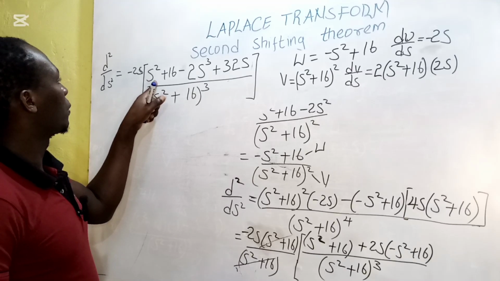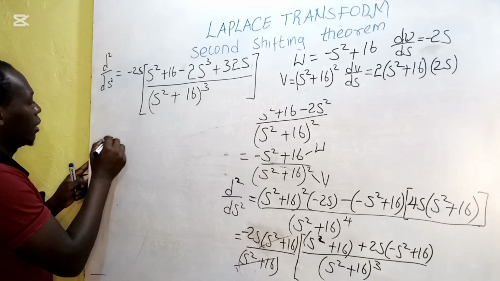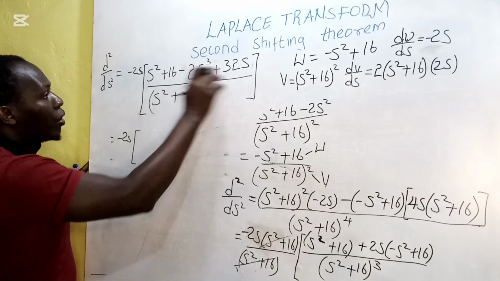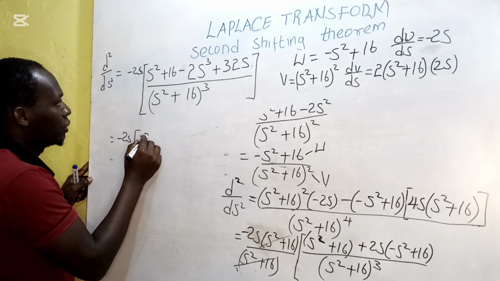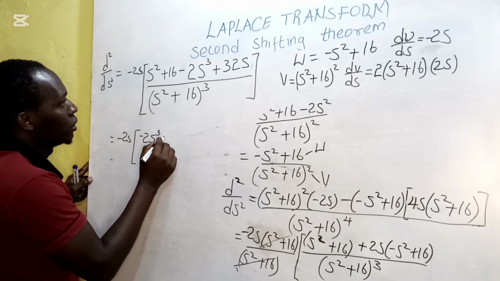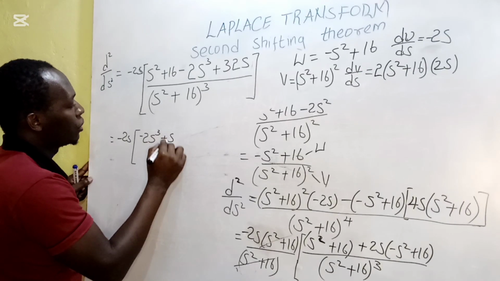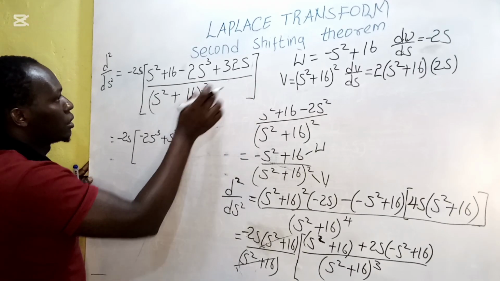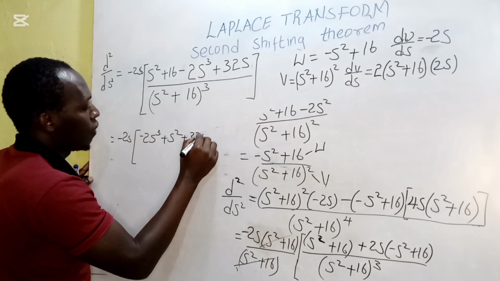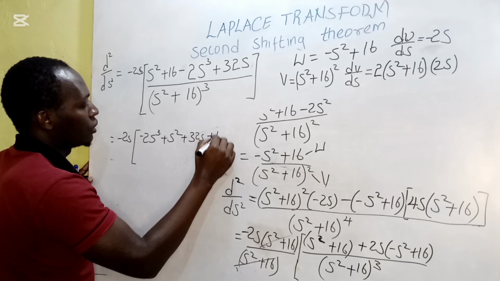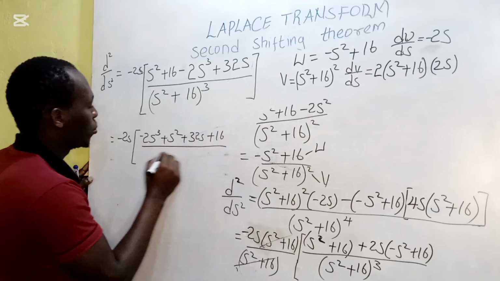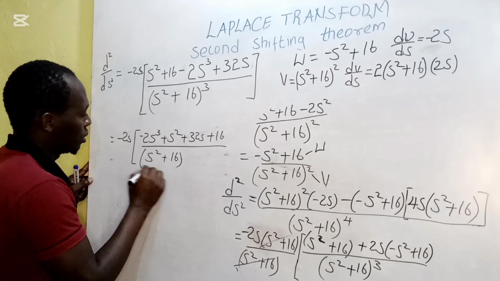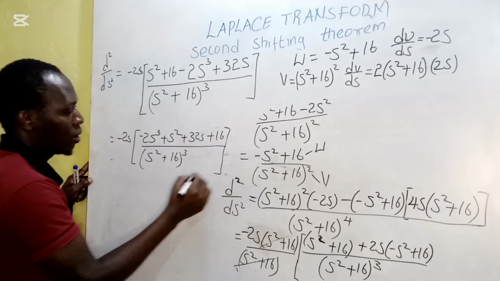At this point now, on the numerator I'm going to have negative 2s cubed I add to s squared, we add to 32s, we add to 16, and everything is going to be all over s squared, we add to 16, everything to a power of 3.